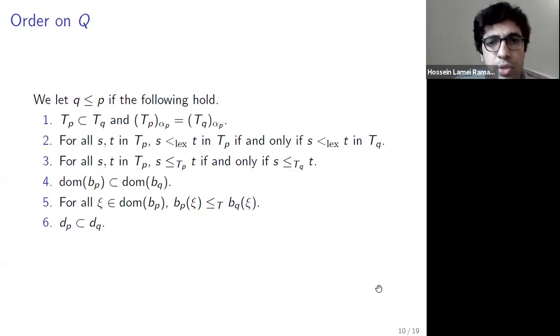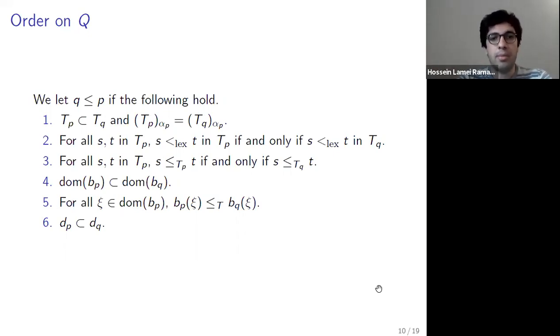Okay, let me describe the order on this forcing. Extension on the tree is just the end extension, so we assume that Q is a stronger condition than P if it has higher height than TP, and its restriction up to the height of TP is the same as TP.